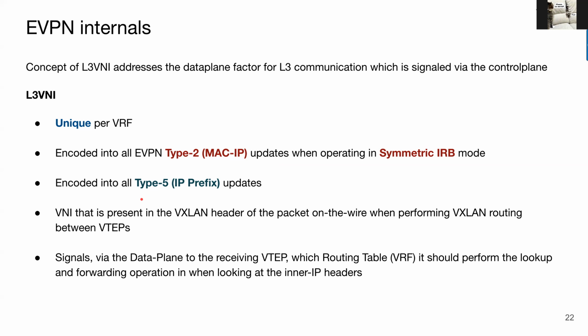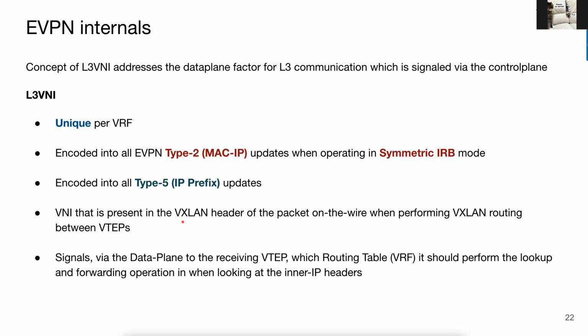The L3 VNI is also going to be encoded in our type 5 routes. Type 5, which is the first time we've mentioned it, includes our IP prefix information. So if we have a connected route in our RIB, once that's configured, then we will send out a type 5 route advertising our /24 or our /23 or whatever our prefix is.